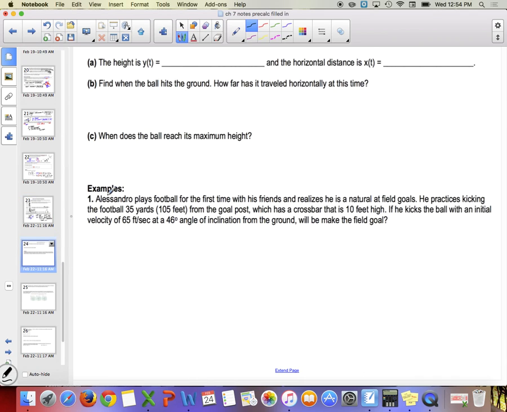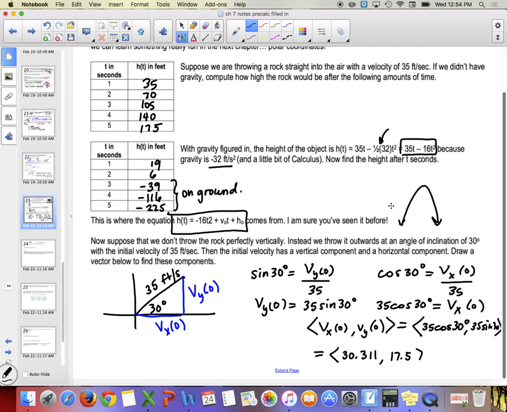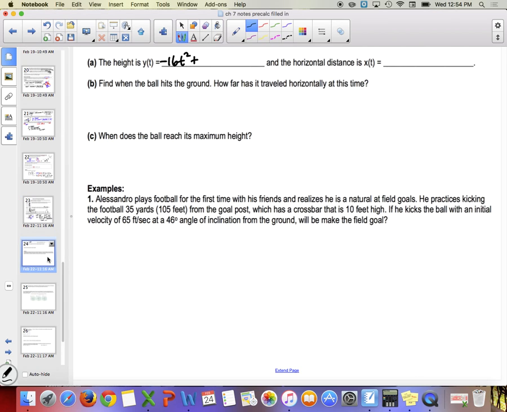So it's going to be whatever that v sub o in the y direction was. So it was 17.5, and then plus 0. And then the horizontal distance, it's going out horizontally.